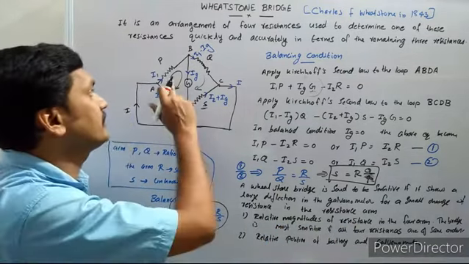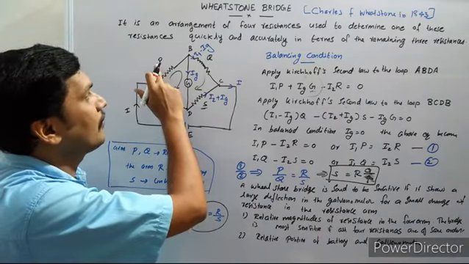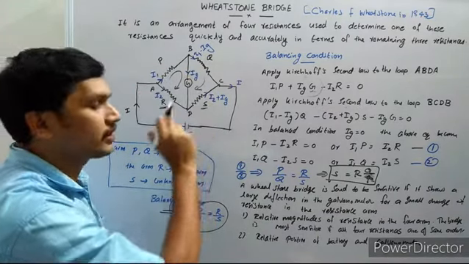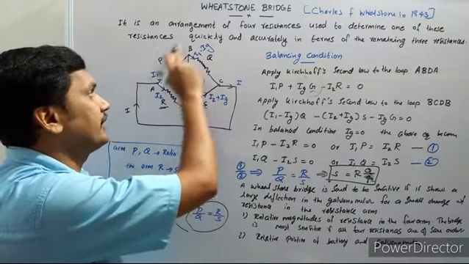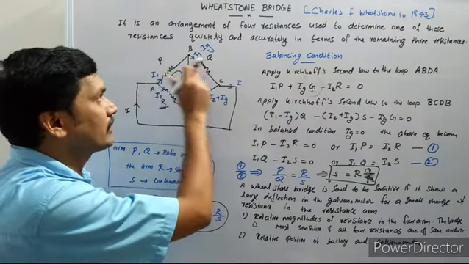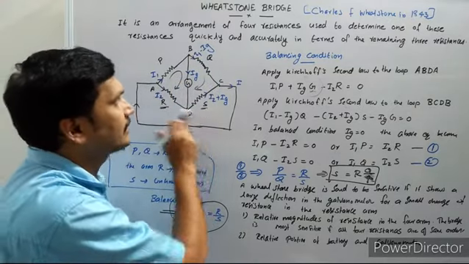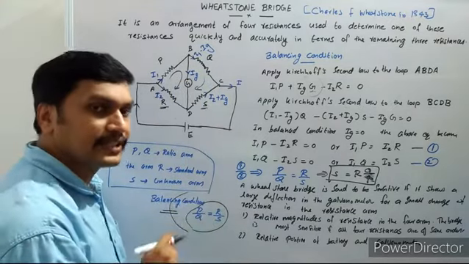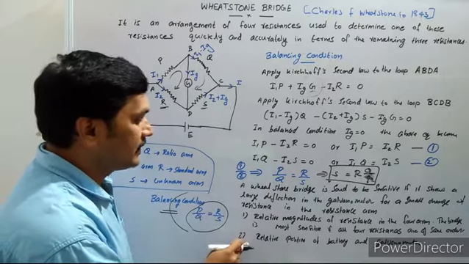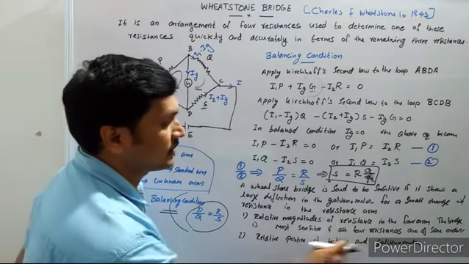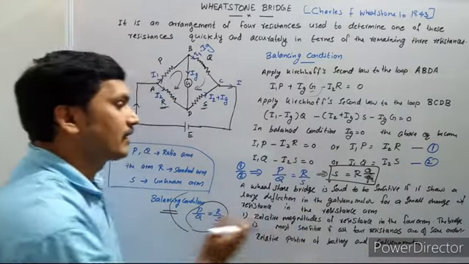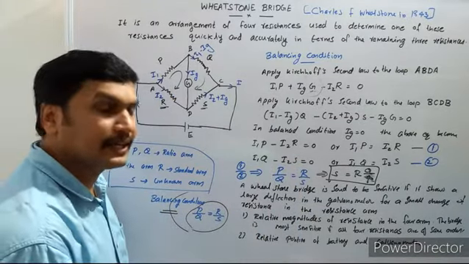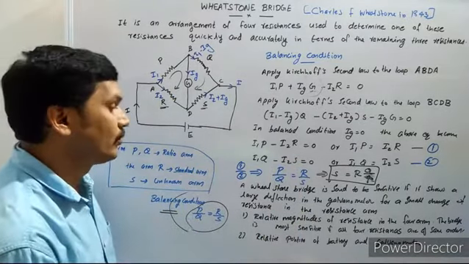So better sensitivity is achieved if you take all four resistors approximately in the same order. The second factor is the relative position of the battery and the galvanometer. These are the two factors affecting the sensitivity of a Wheatstone bridge.